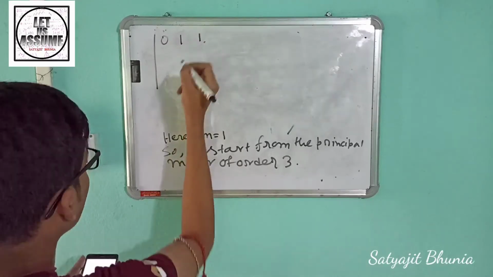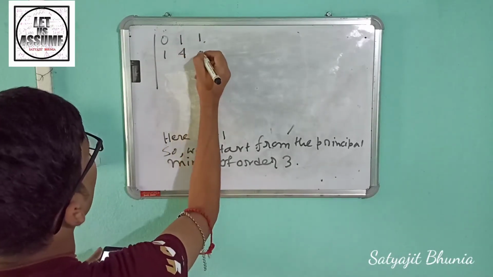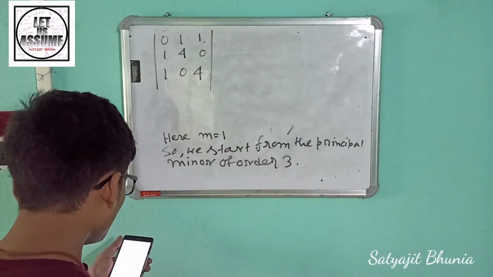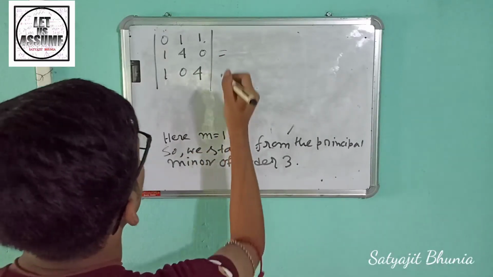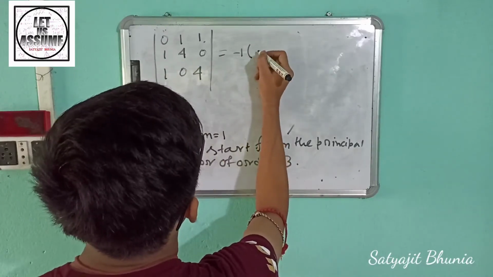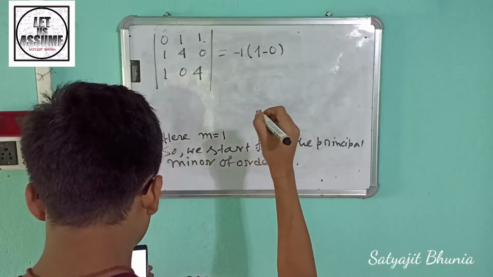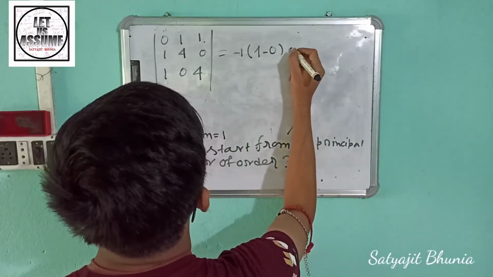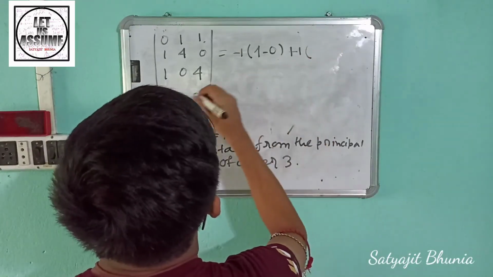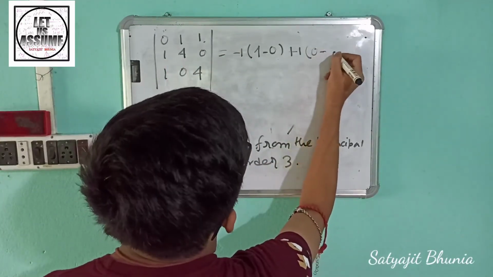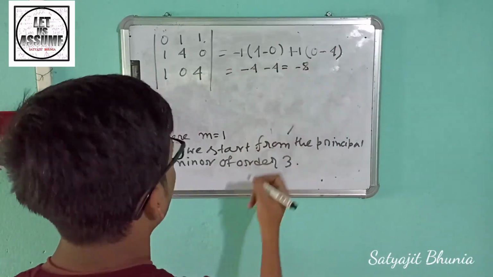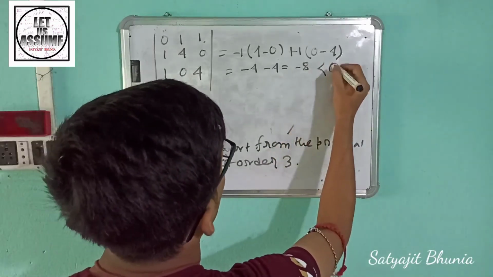It is 0 1 1, 1 4 0, 1 0 4, which equals minus 1 times (4 minus 0) plus 1 times (0 minus 4), that will be minus 4 and minus 4, that will be minus 8. This is less than 0.